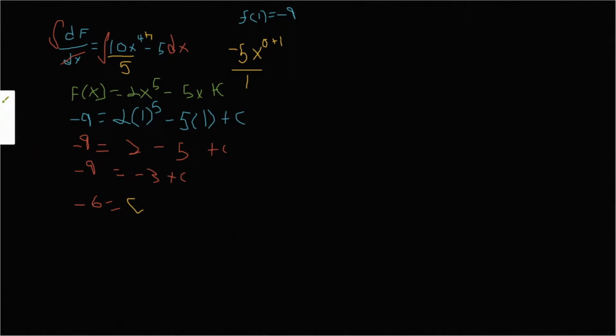So I'm going to rewrite this, and now that we know the constant term, f of x is 2x to the 5th minus 5x minus 6. Because this plus c is this, negative 6.